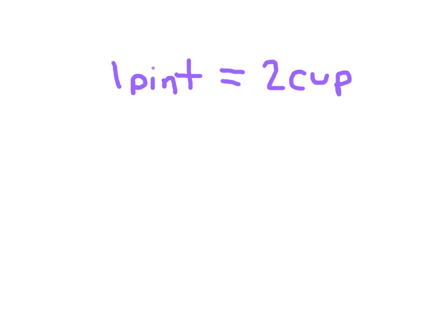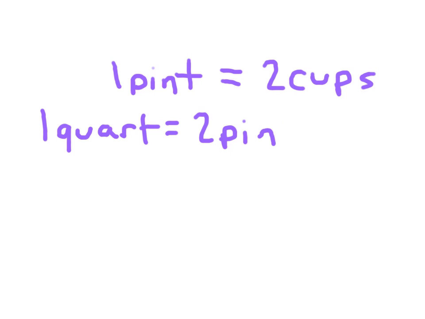There are different relationships in between each of these. So in between pints and cups, we have 1 pint equaling 2 cups. Another relationship that we have is 1 quart equaling 2 pints, which also equals 4 cups.